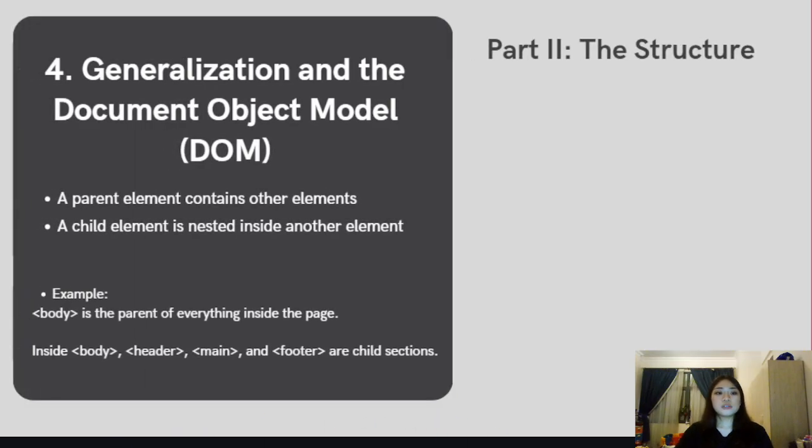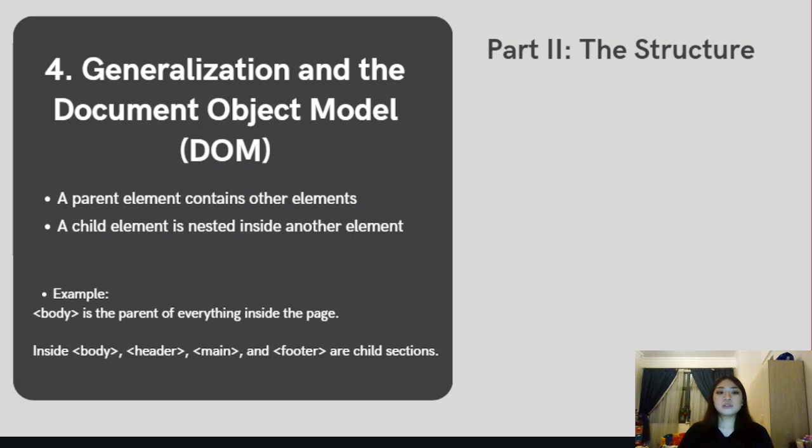Number 4. Generalization and the document object model, DOM. HTML content forms a tree-like structure known as the document object model, DOM. The DOM organizes the web page as parent-child relationships, where a parent element contains other elements and a child element is nested inside another element.